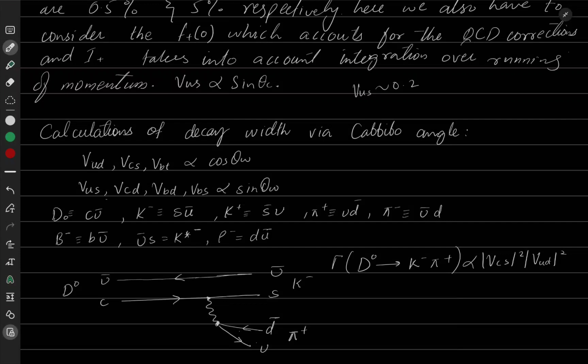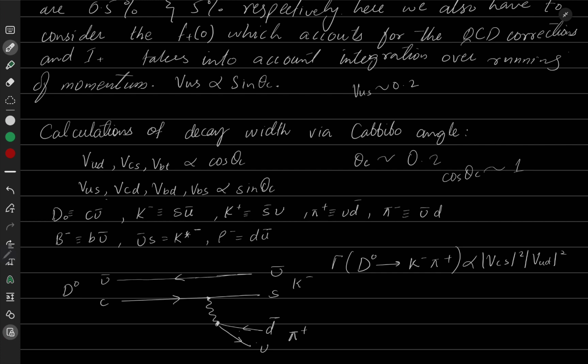For example, the coupling between the same generation particles like VUD, VCS or VTB is proportional to cosine of theta C, the Cabibbo angle. The Cabibbo angle is very small, so cosine of theta C is around 1, not exactly 1 but around 1.